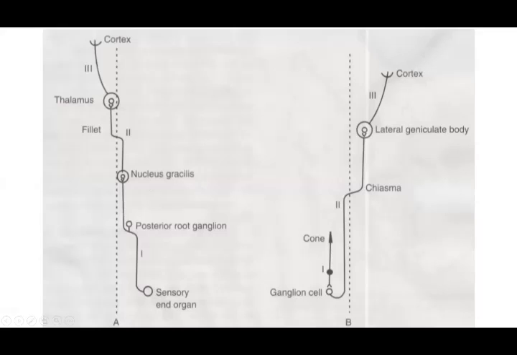As far as the eye is concerned, the first order neuron is the cones or the rods, and the ganglion cells. From here, the second order neuron is in the lateral geniculate body, and from there to the cortex.